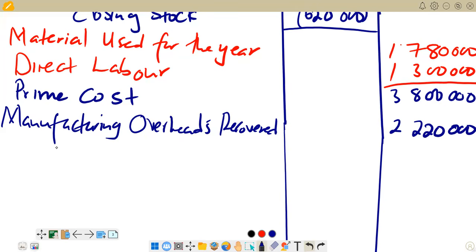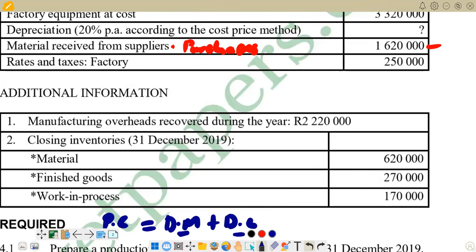So we list all the fixed costs under manufacturing overheads. The direct labor and direct material represent the variable costs that we have in the manufacturing process. So here, let's just list them as manufacturing overheads, and we go and try to look for them in the list of balances that we are given.